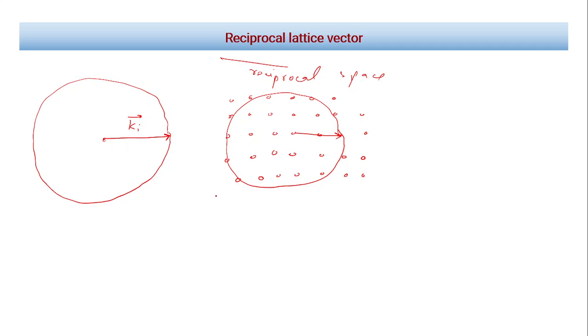If you remember, in XRD we get some diffraction pattern, and on the detecting screen we see some dots or points. To understand them, this reciprocal space or Ewald sphere concept was introduced by Mr. Ewald.